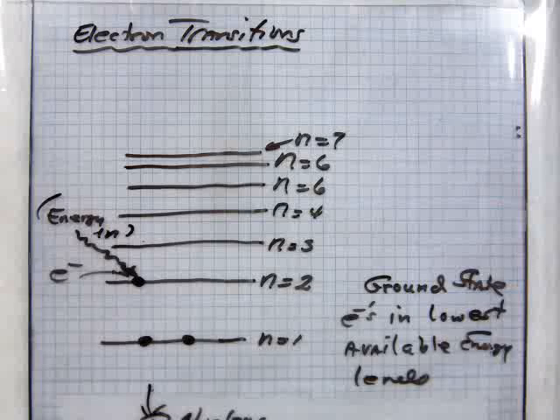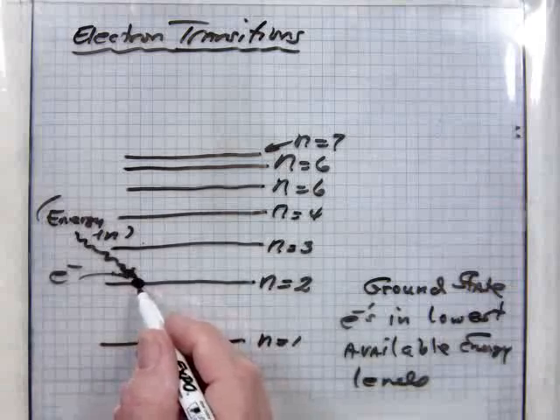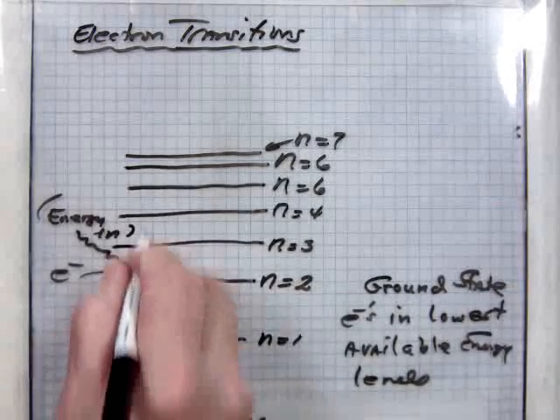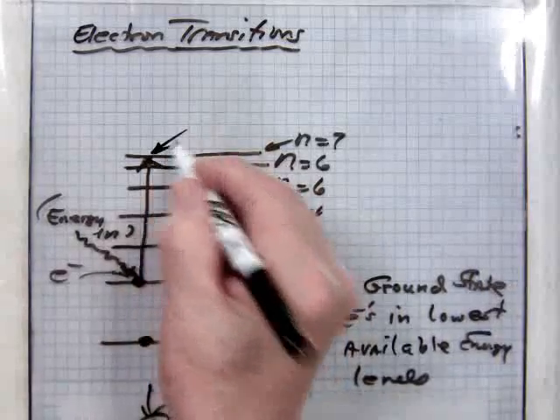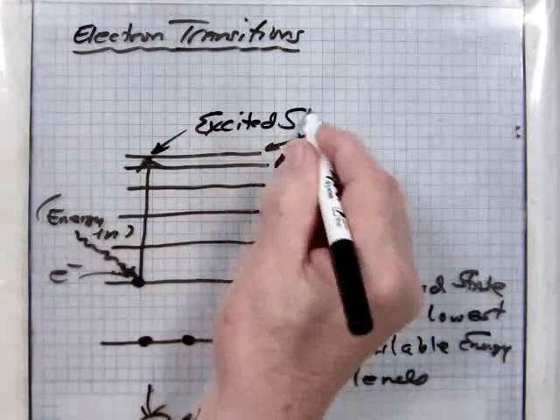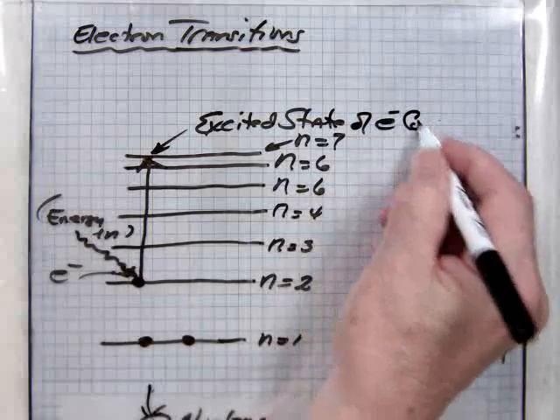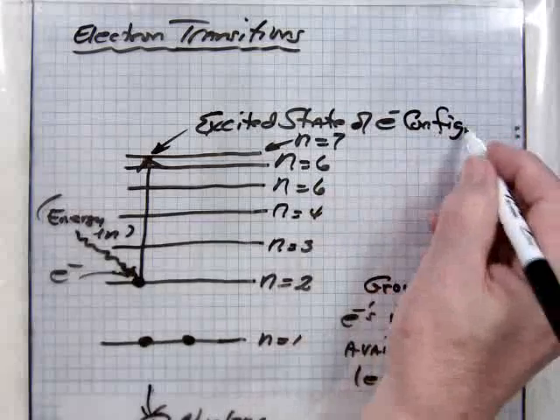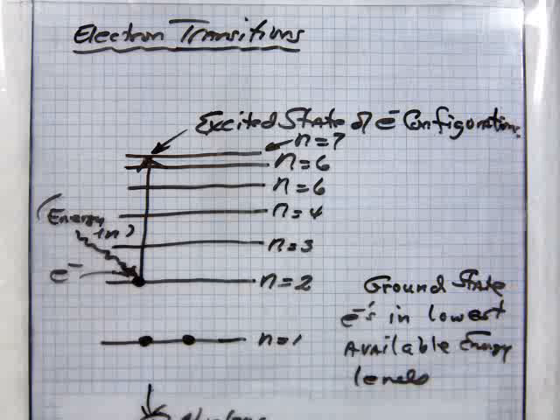It's endothermic, and what happens is it absorbs that energy, and when it absorbs it, it jumps out to a higher level, and that's called an excited state. So that's an excited state of the electron configuration.